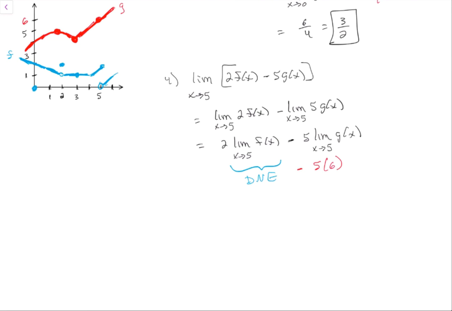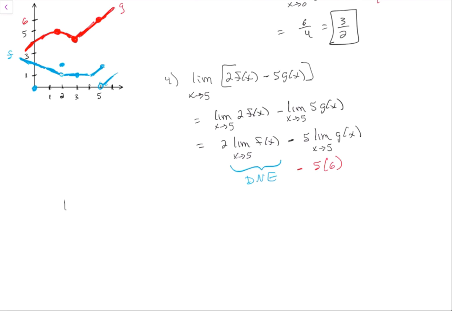Now, what I actually want to do in this case is take this just a little bit further, and look at the left-hand limit and the right-hand limit separately and see what we get here. So I'm going to come back up and rewrite.